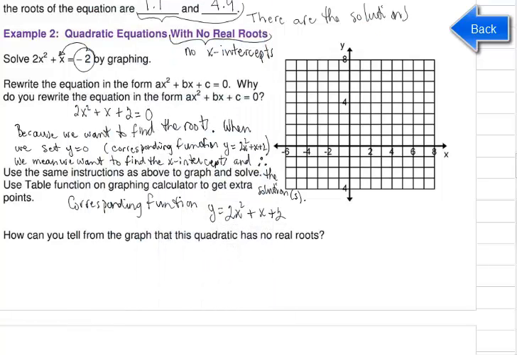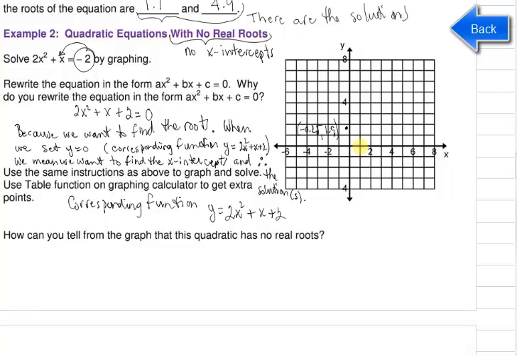So let's start by graphing our vertex. Our vertex is at -0.25 and 1.9. So -0.25 around here and 1.9 about here. Okay, so -0.25 and 1.9 is our vertex.